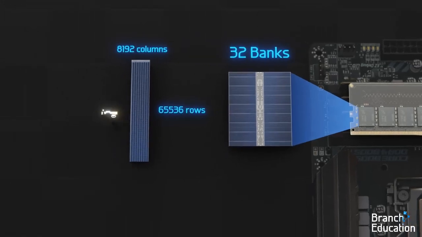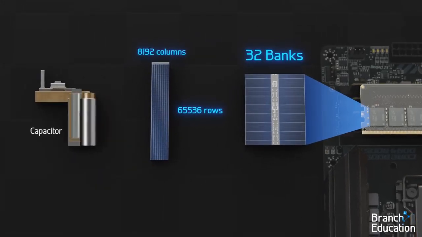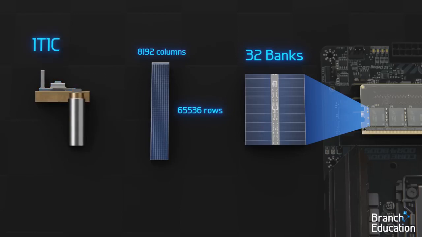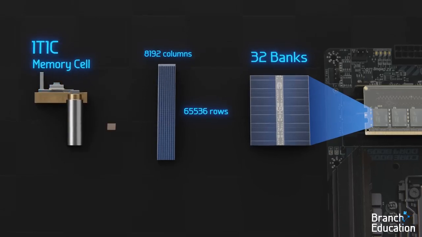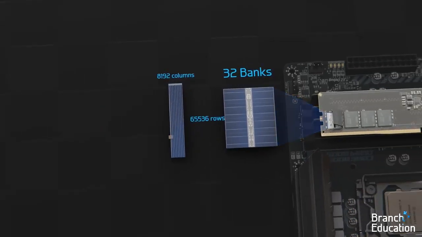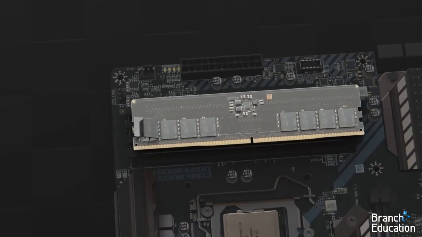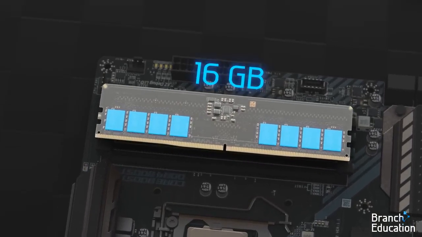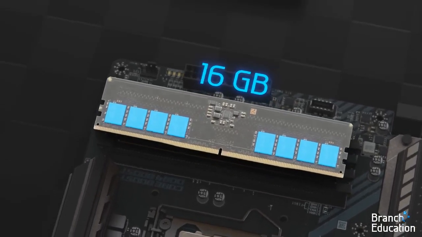The DRAM temporarily stores data using capacitors and transistors called 1T 1C memory cells in 2D arrays that look like this. Data can be accessed within nanoseconds. However, among these 8 chips, only 16 gigabytes of data can be temporarily stored.